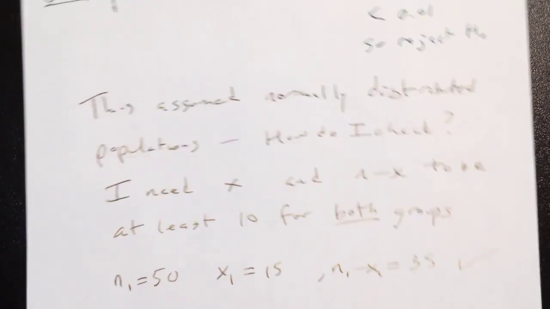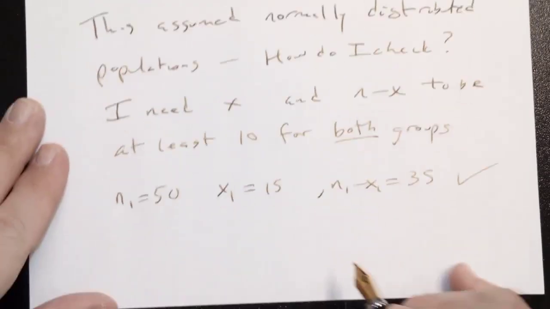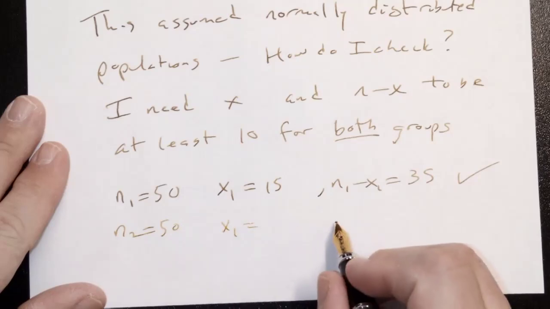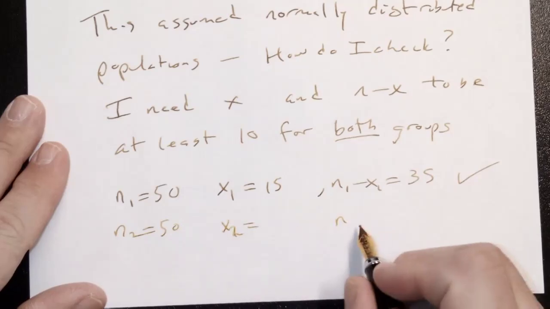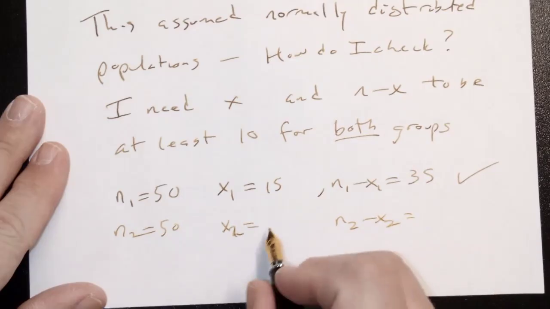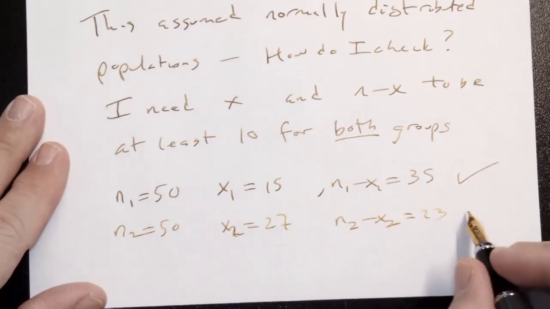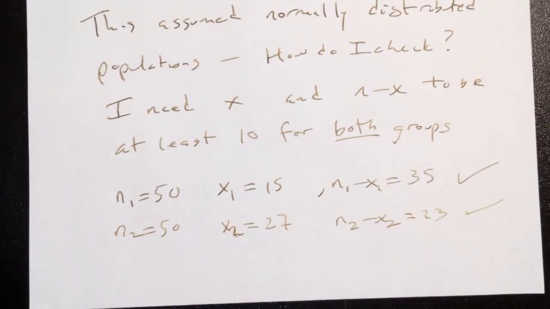Both of those are bigger than 10, I'm happy. Second population was also 50. How many successes? Which means how many failures? Both are bigger than 10, I'm happy.